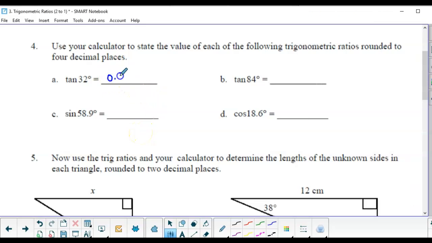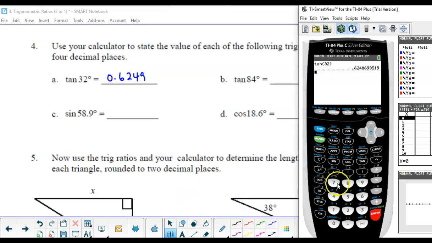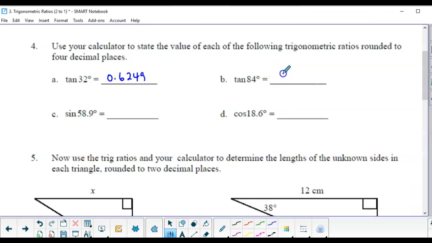Then tan of 32, close the brackets, to 4 decimal places, is 0.6249. And tan of 84 is 9.5144. Pause the video whenever you need to.